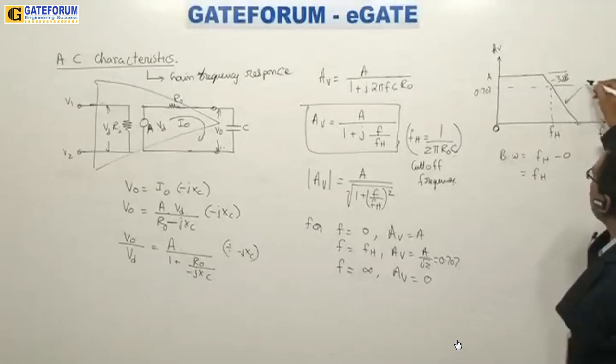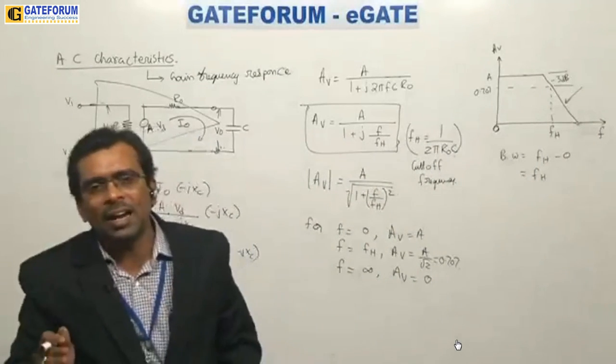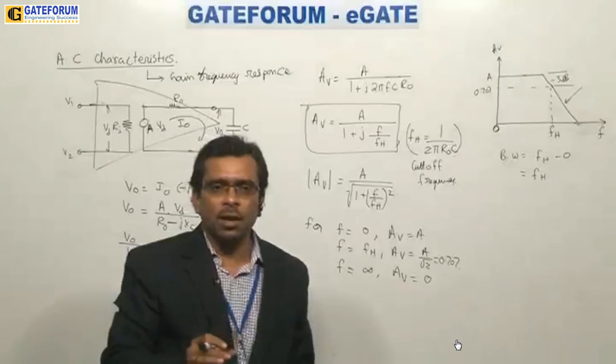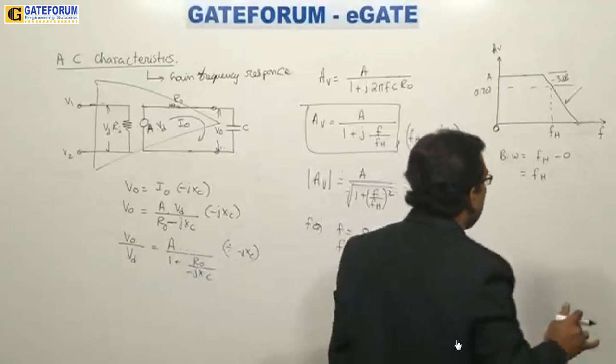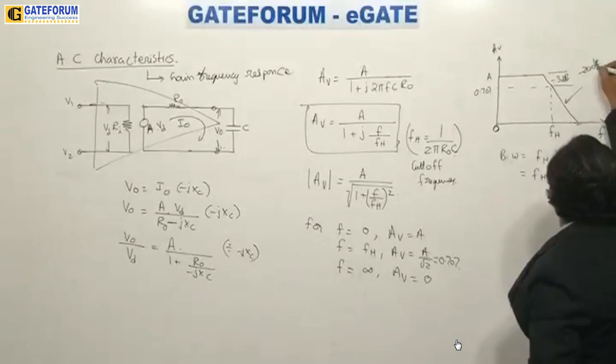Now this falling, gain starts falling as you increase frequency, and this fall in gain we call it as roll off rate. If it is of first order, say one capacitor you use, it is minus 20 dB per decade.